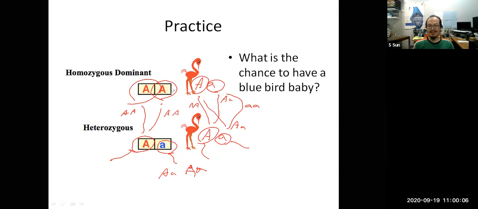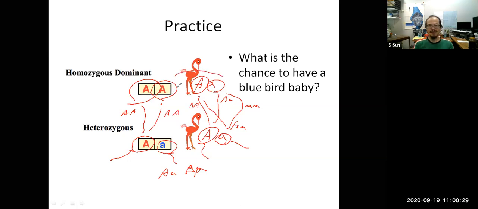If one parent is not heterozygous, then the chance is none. If the parents are both homozygous dominant, then the chance of getting a recessive phenotype is zero. Only if the parents are both heterozygous, like this one here.